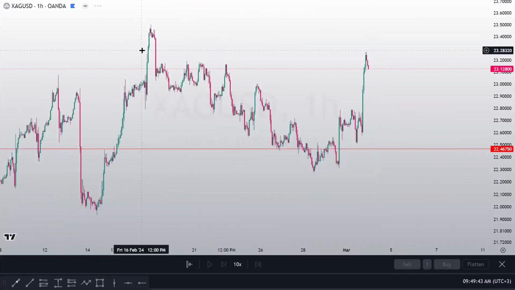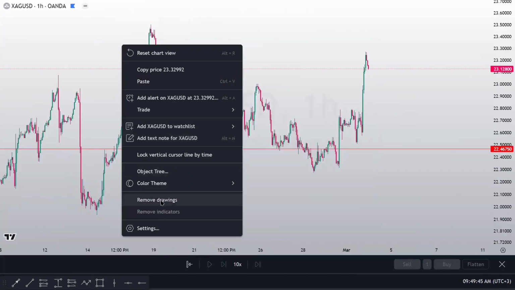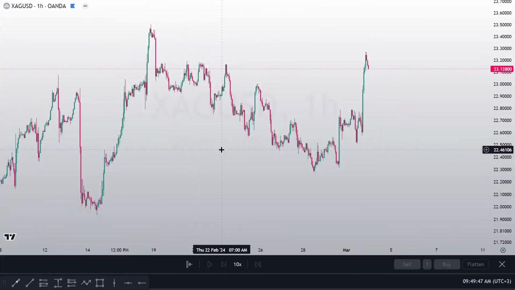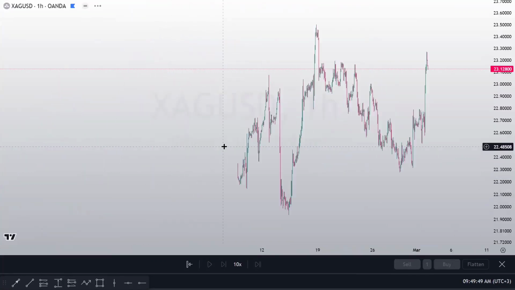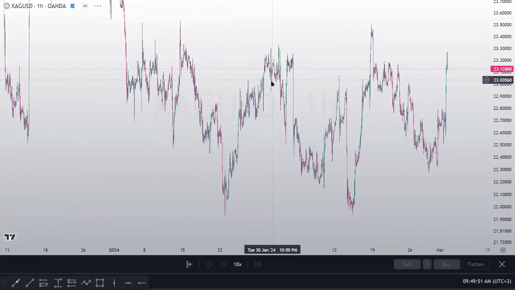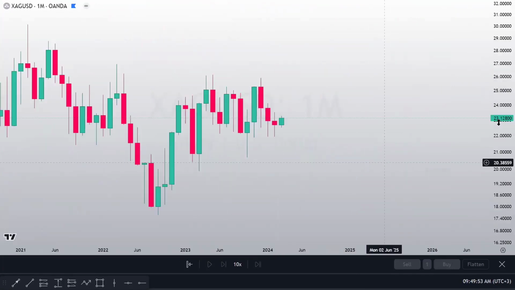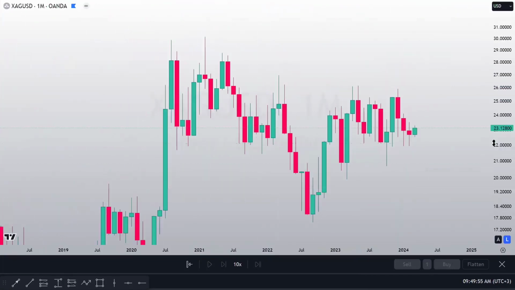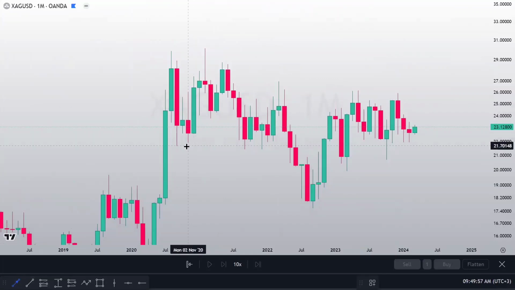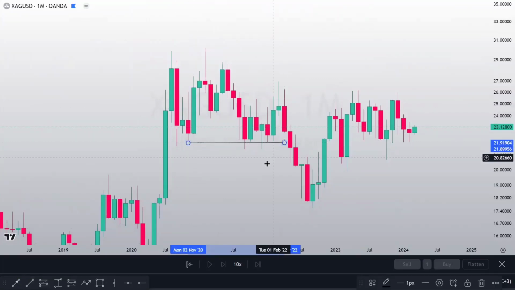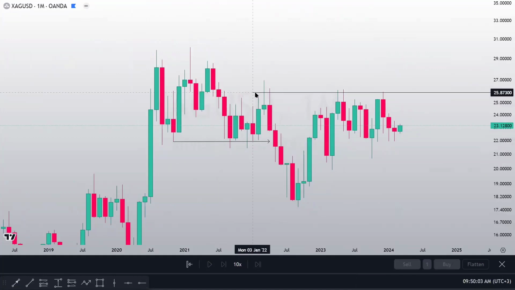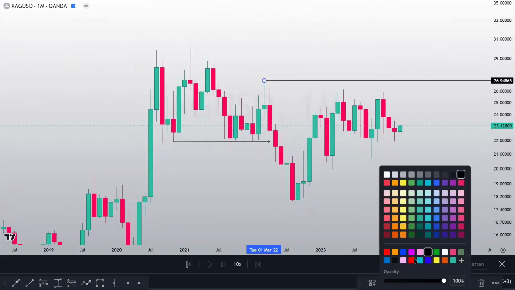Let's move on to another pair. We were having the silver, and the silver was taken first of all from the second agglomeration this year. We had a particular shift from the monthly time frame that happened back in 2022, and we're having this as our inside formation from that shift.